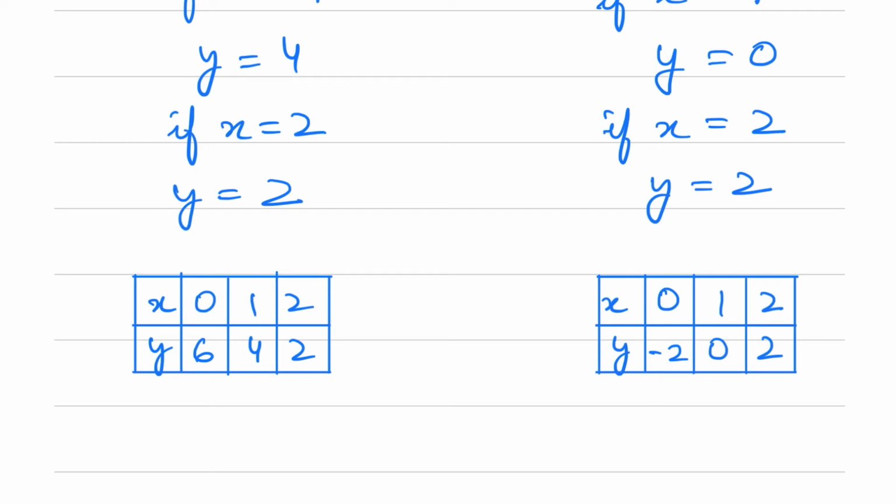Now let's put these values on the graph paper and make the lines, find the solution. So this is my graph paper and I have drawn the coordinate axes. So now this is the x-axis and this is the y-axis. This is my origin. Now the scale here, I can take 1 centimeter is equal to 1 unit for both axes.